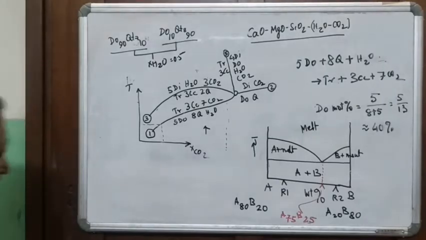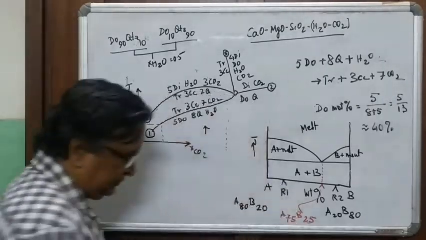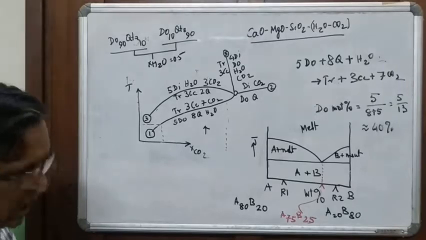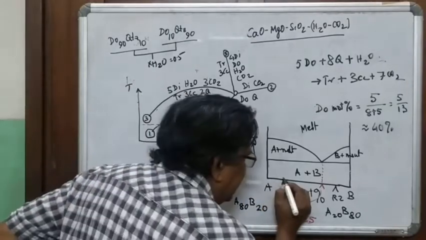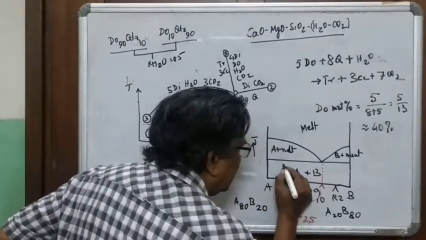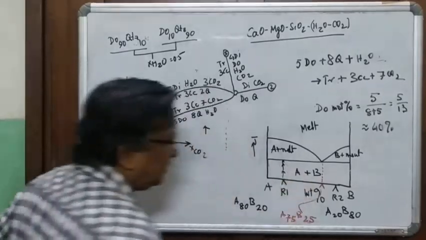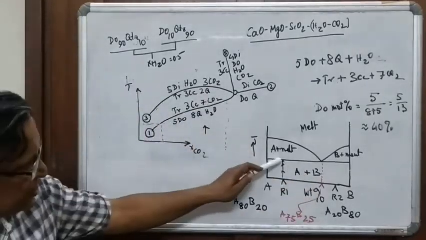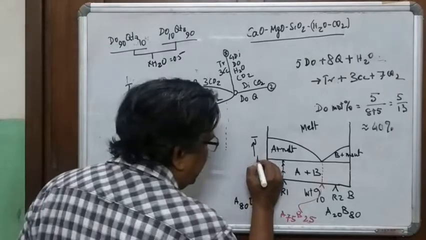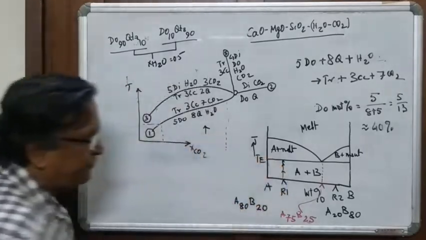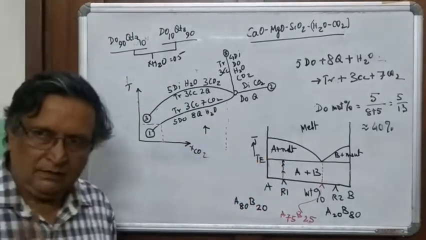Now, if you take rock R1 and heat it, and it reaches this temperature, which is called the temperature of the eutectic, then the rock will melt.